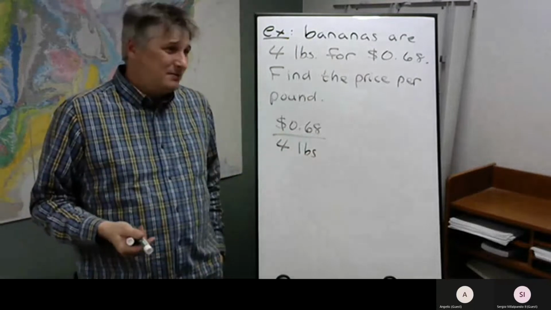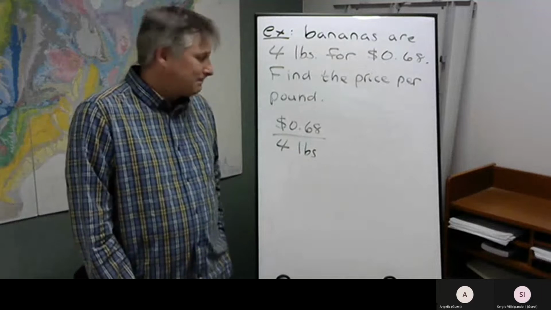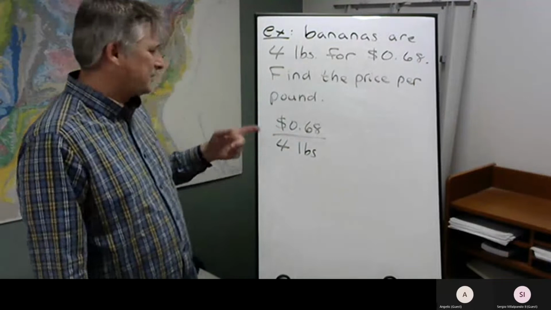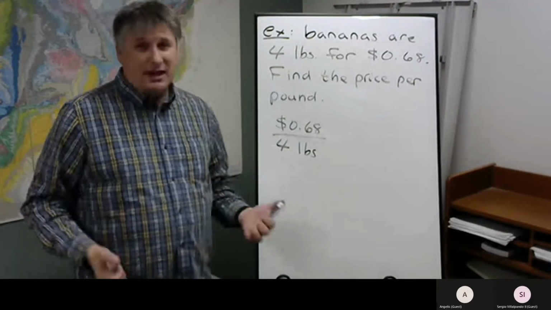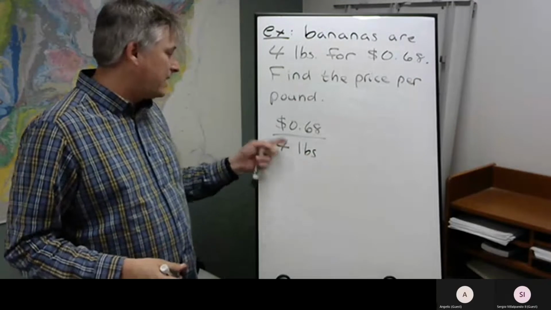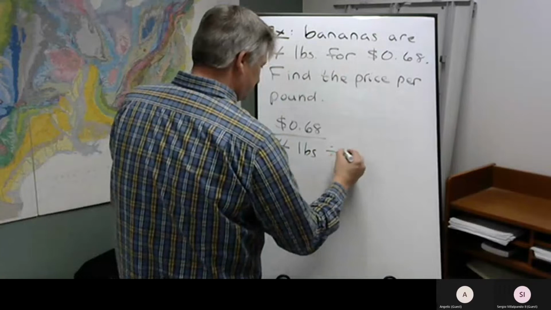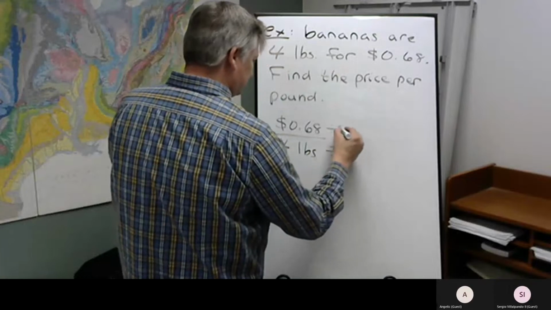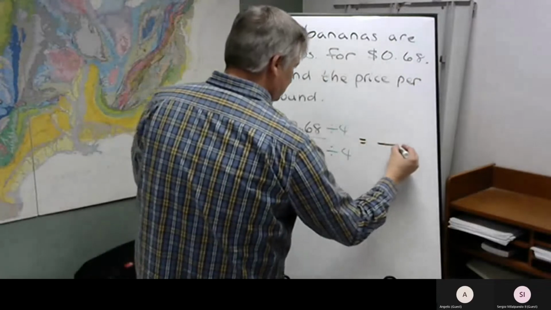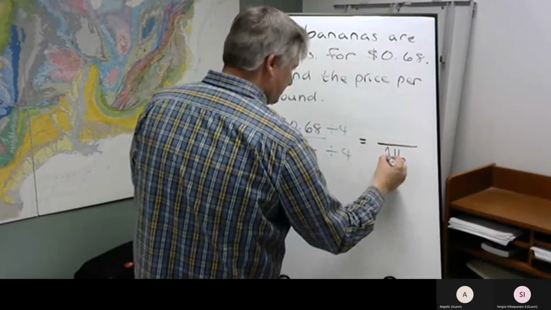So given what we've been given, we can't get a price per 1 pound, but we do have a price per 4 pounds. But we can convert this to be per 1 pound. And that means dividing bottom and top by 4. So 1 pound.